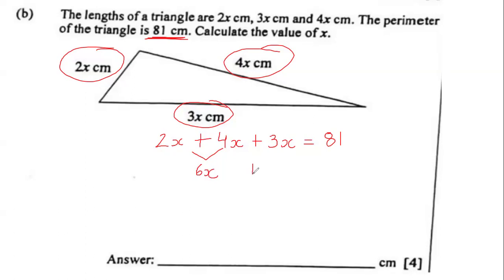Plus 3x is going to be equal to 81. So 6x plus 3x is equal to 81. Now we can add the 6x and the 3x together. What is 6x plus 3x? That's 9x. 9x is equal to what? 81.